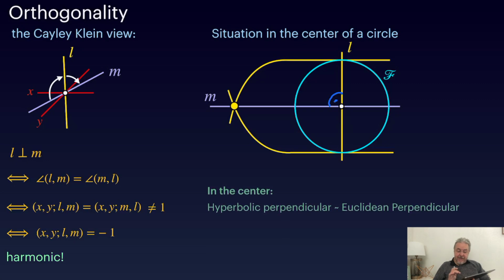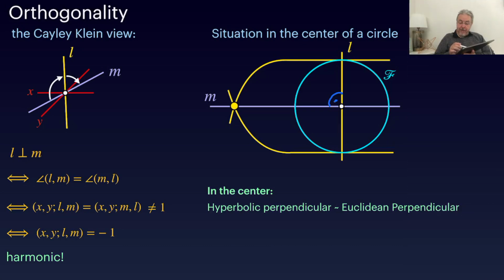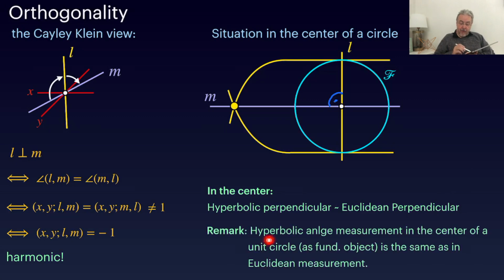But actually there is even a deeper reason for that, because in this situation where you have a circular fundamental object and you measure in the center of that object, the hyperbolic perpendicular is the same as the Euclidean perpendicular, but this does not only hold for perpendicularity, this holds for any angle. So hyperbolic angle measurement in the center of a unit circle as fundamental object is the same as Euclidean measurement. So if you just have two lines that meet in the center, just measure your good old Euclidean angle and you get the hyperbolic angle.